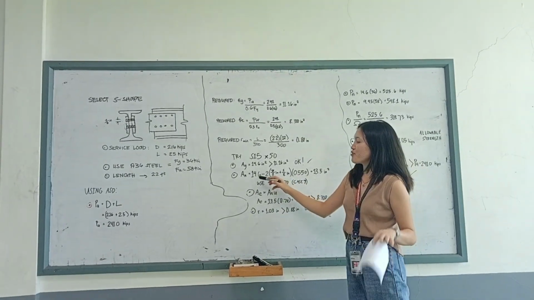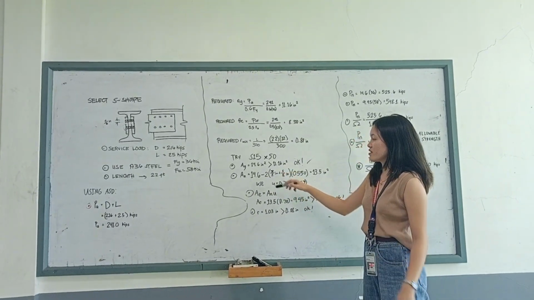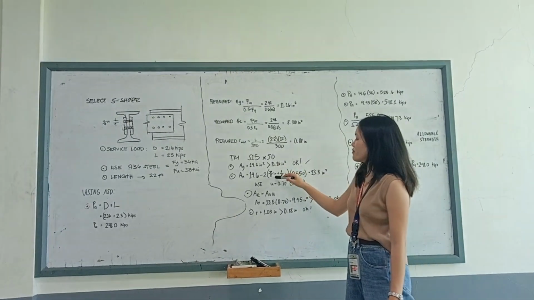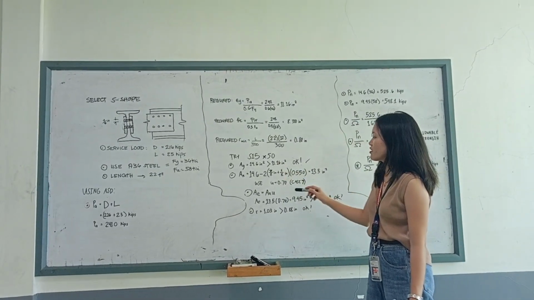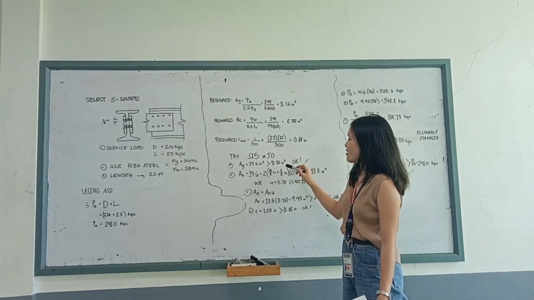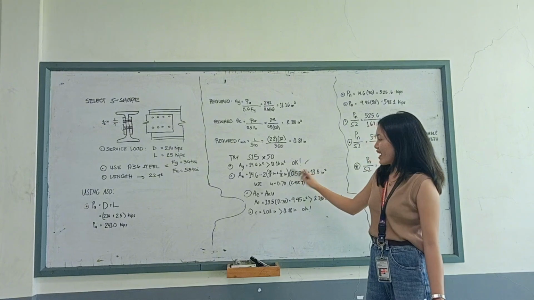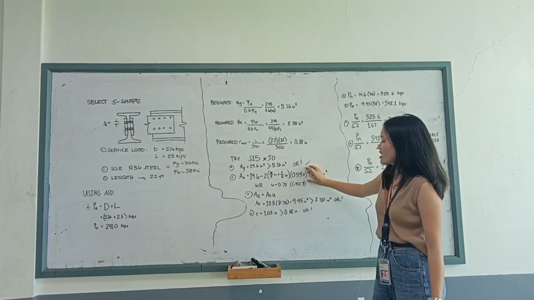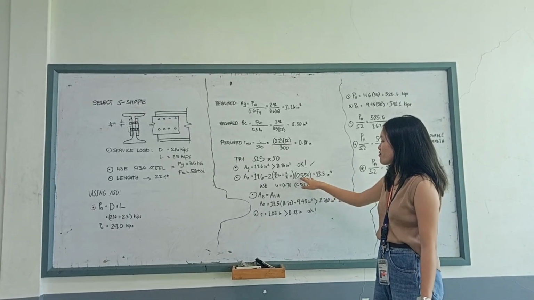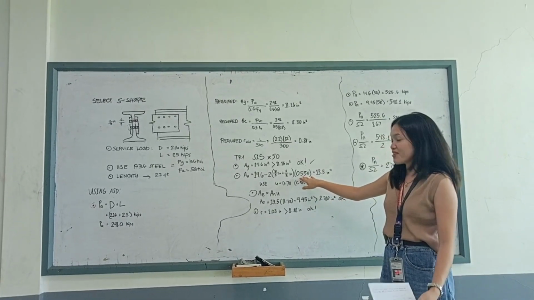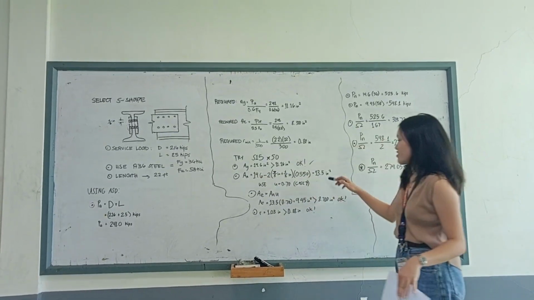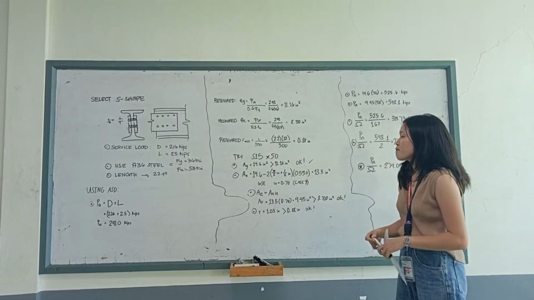Again, 14.6 minus 2 times the quantity of the bolt diameter, which is 7/8 inch, plus the allowance spacing, which is equal to 1/8, times the thickness of your member, which is 0.550. Our total net area is then 13.5 inches squared.